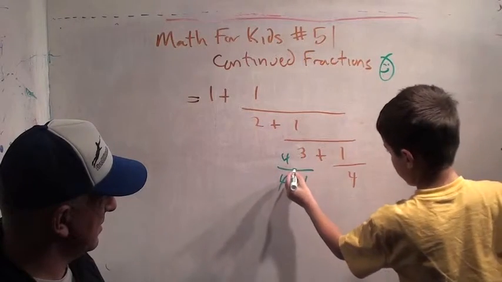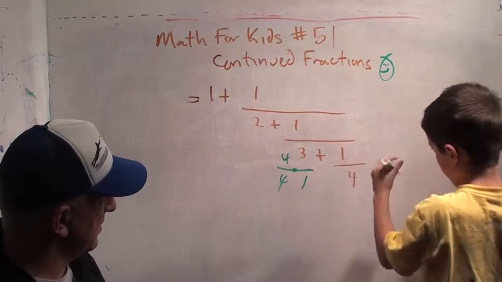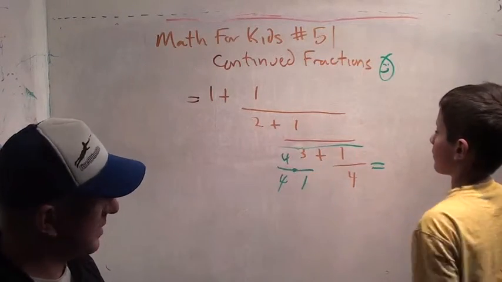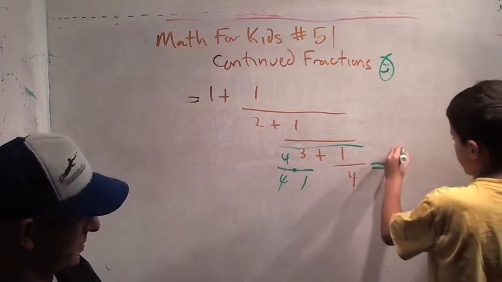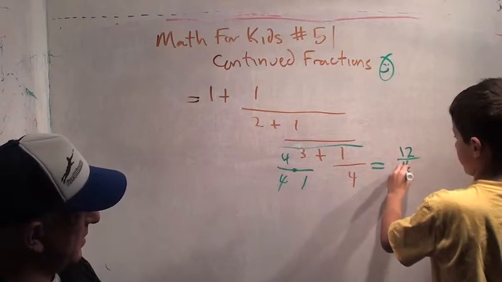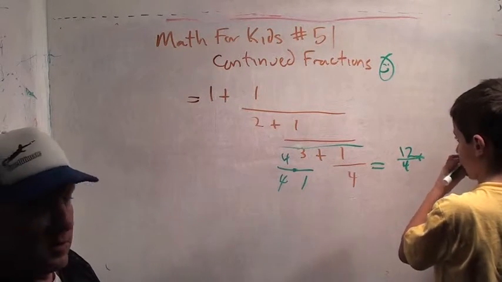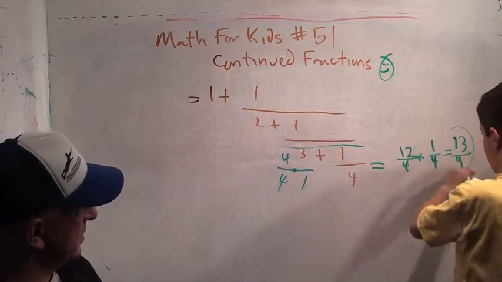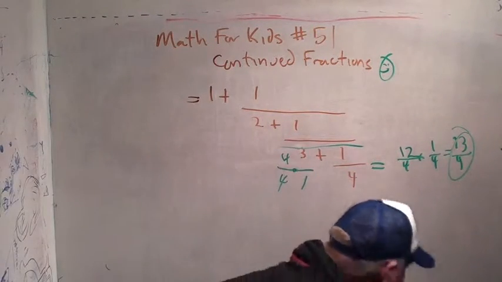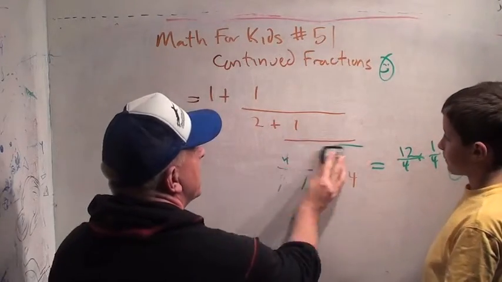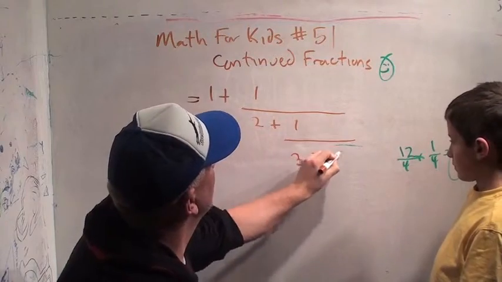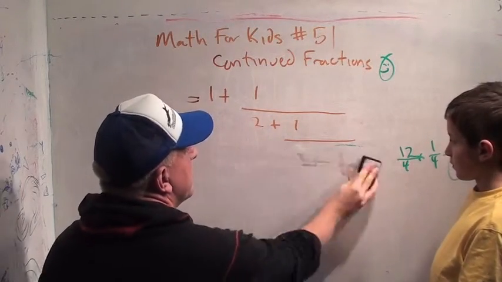We multiply, and I'm only doing this bottom part. That's all we're looking at right now. 3 plus 1/4. 12 fourths plus 1 fourth, 13 fourths. Okay, so 3 plus 1/4. I guess the best thing for me to do is just erase the 3. So this used to be 3 plus 1/4, but instead we're going to write this as 13 fourths.